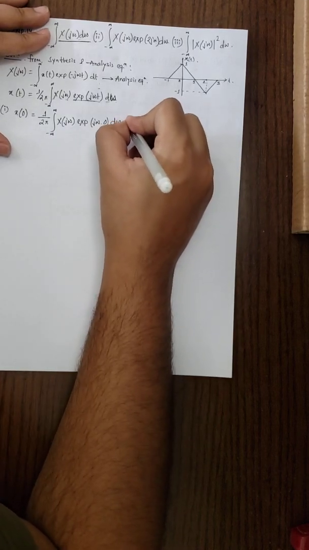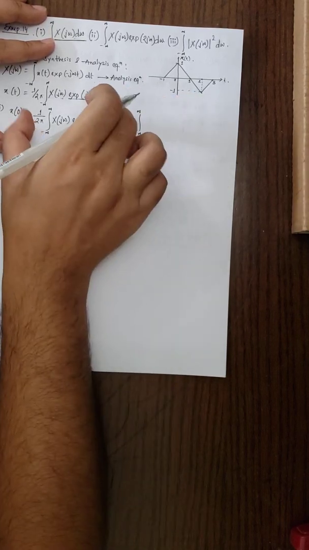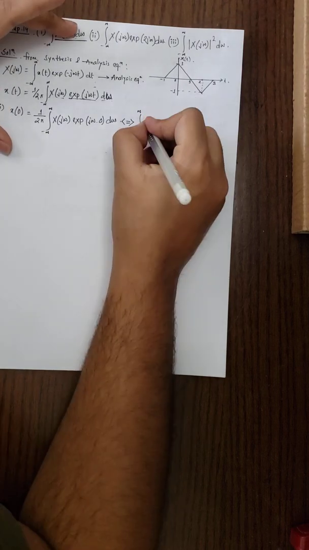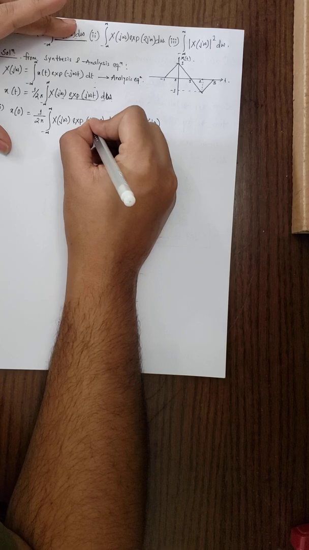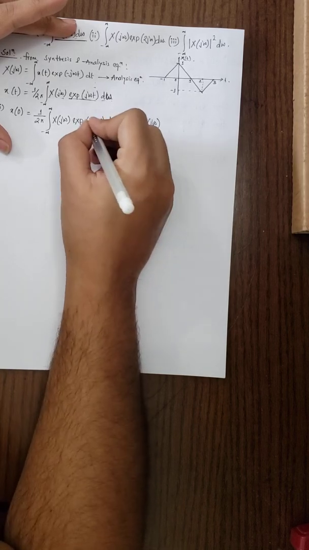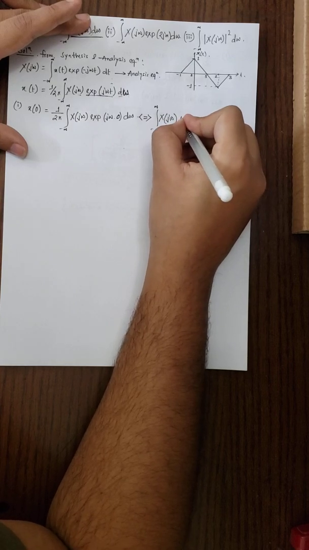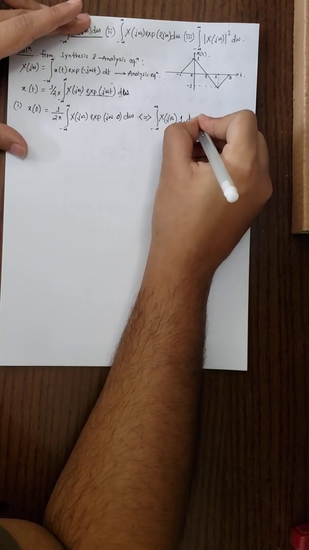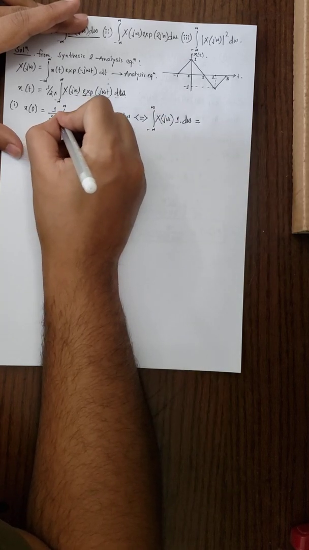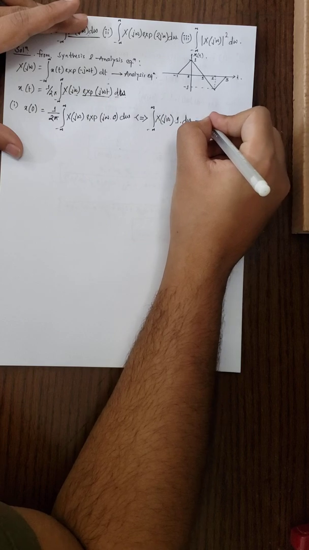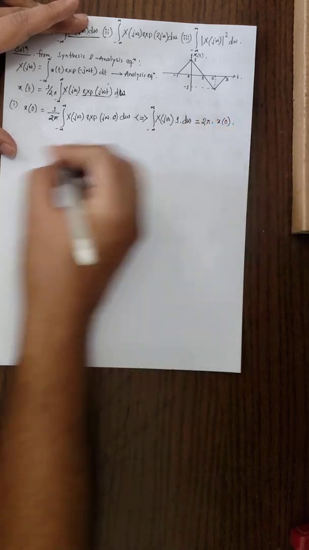Now moving forward, I am writing the right hand side first. X of j omega remains as it is. E to the power j omega 0 is essentially equal to e to the power 0 and is equal to 1, times d omega. Since there was a 2 pi divided in the right hand side, this will be multiplied in the left hand side. So this becomes twice pi x of 0.